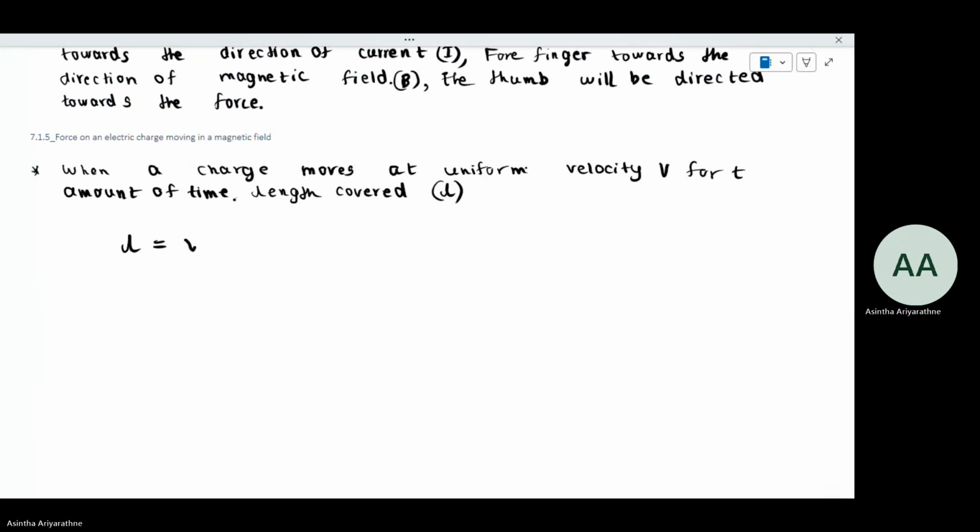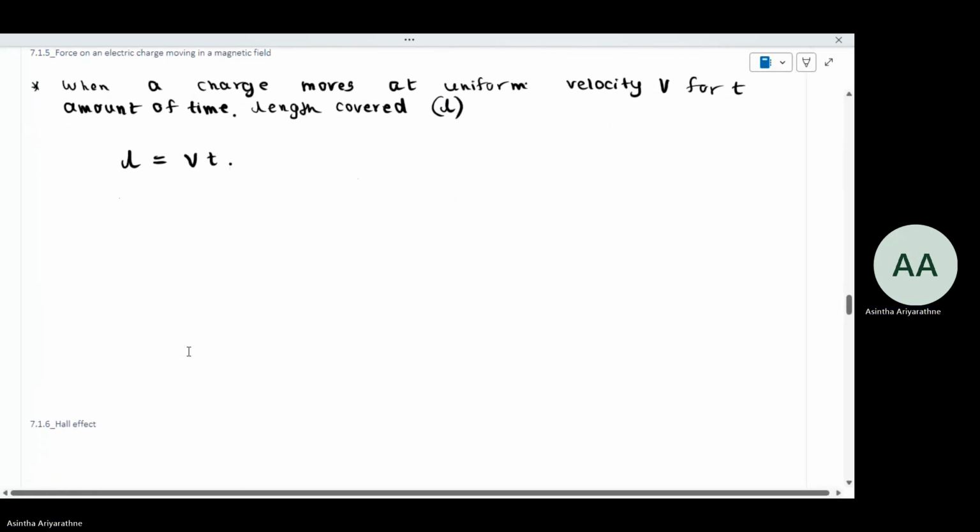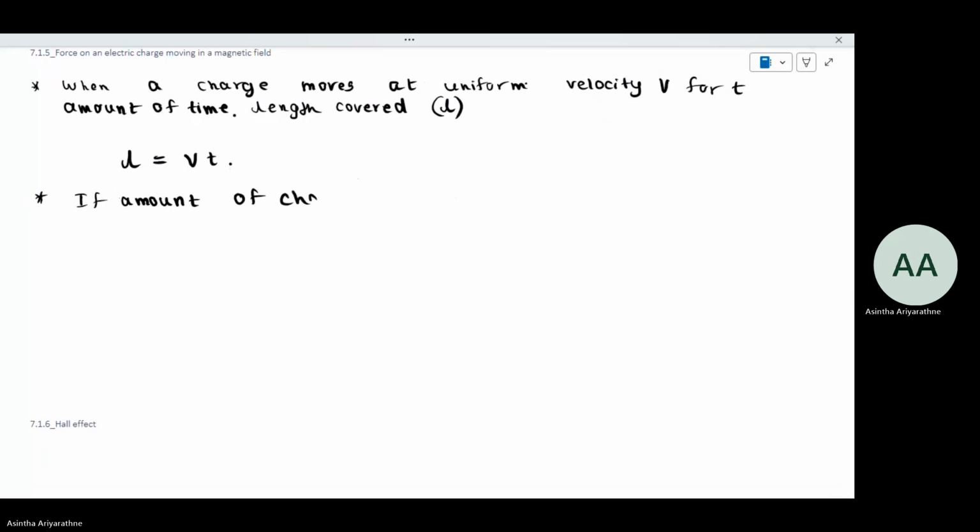L is equal to v into t. Then the resulting current I by the movement of the above charge can be found.